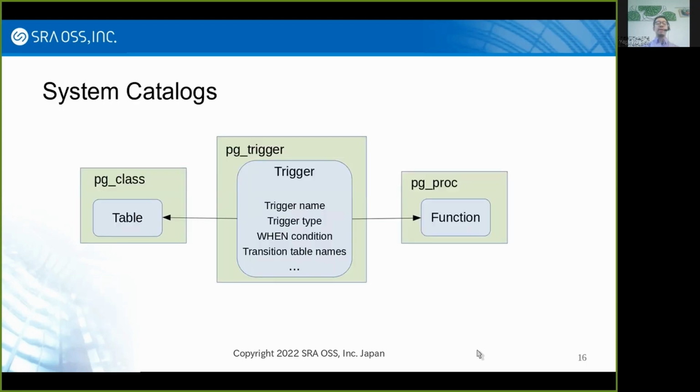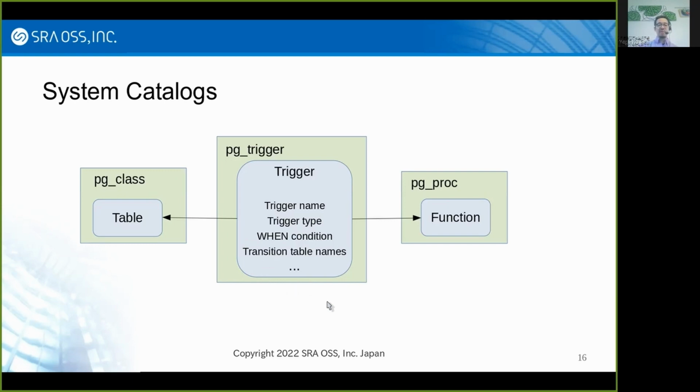And when you create a trigger, an entry is created in the pg_trigger system catalog. This entry contains the trigger name, trigger type, condition, transition table names, and so on.